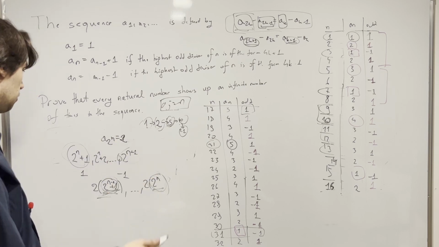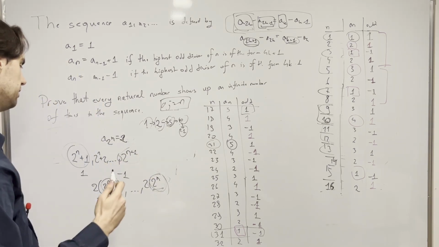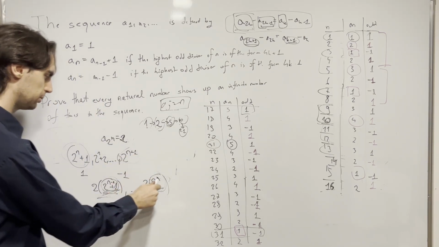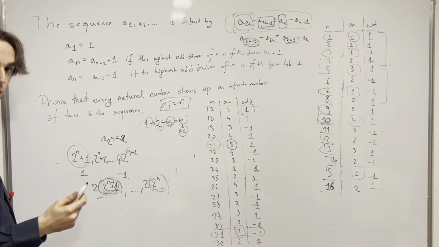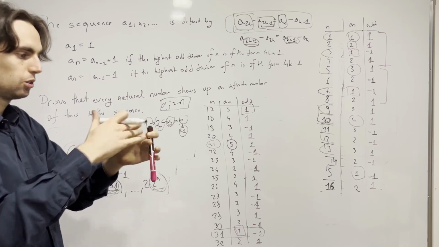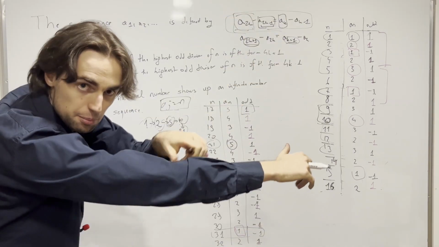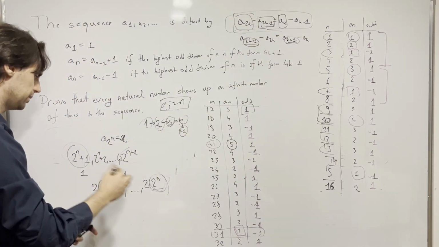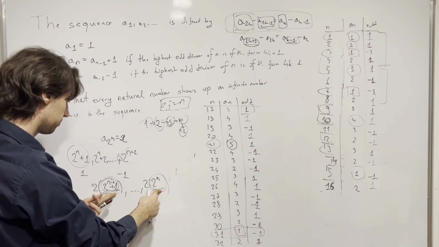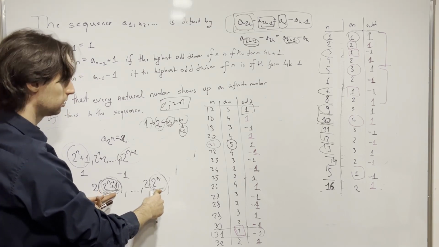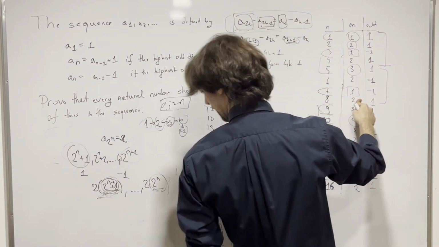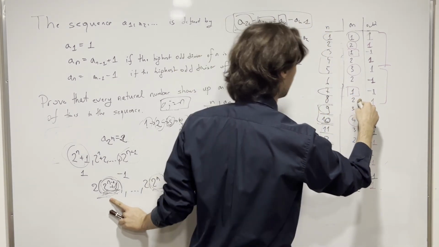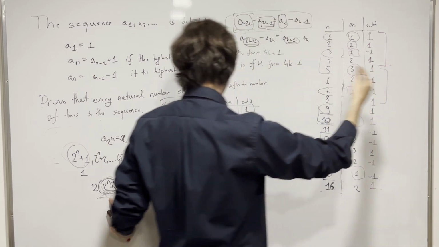And then via induction, I'll have that the difference between this number and this number is equal to what? That is the difference between their pluses and minuses when you add them all up. And the difference between this one and this one is equal to the difference between, say, an 8 and a 5, which is minus 1.